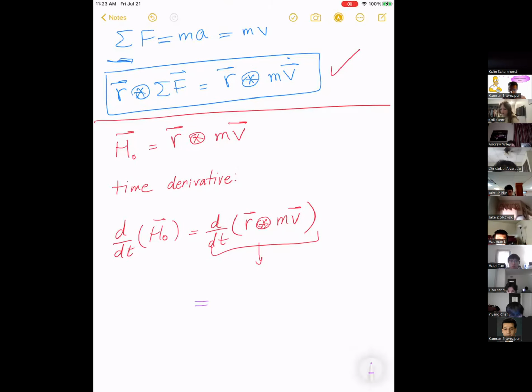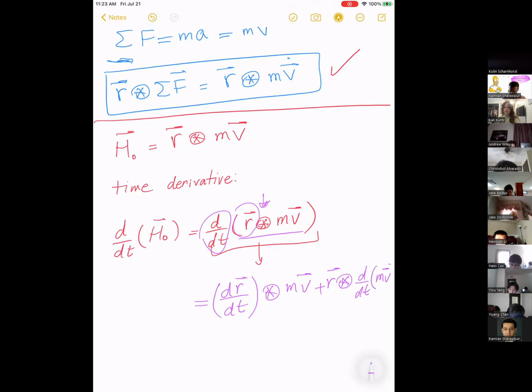You see, this is like the product of two expressions. We have done this before. When you have a cross product and you have d dt, you get the d dt of the first one. Let me just write it down. This is going to be dr dt cross mv plus r cross d dt of mv, right?